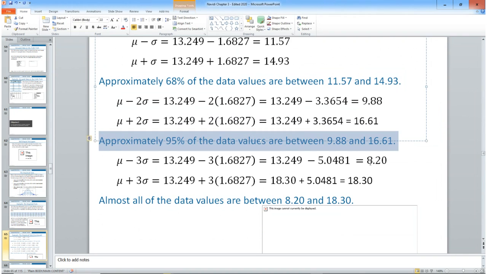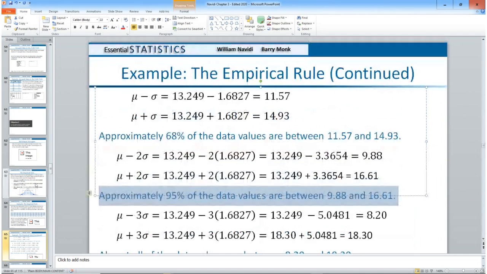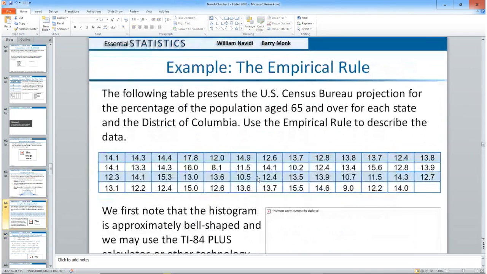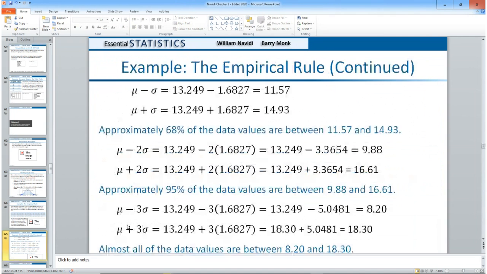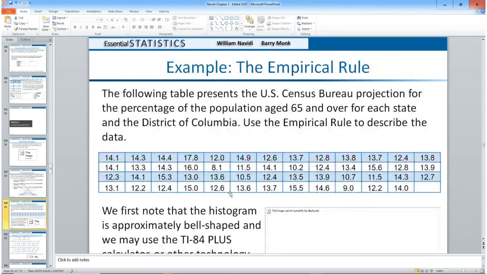And as I had showed, if you go through and look at all this data, there's only 2 values less than 10. There was 8.1 and 9. So that's 2 values that were less than 9.88. And there's only 1 value larger than 16.61, and that was the Florida value, which was 17.78.